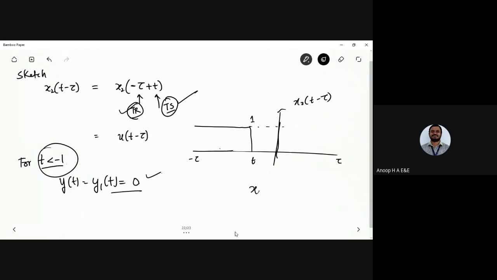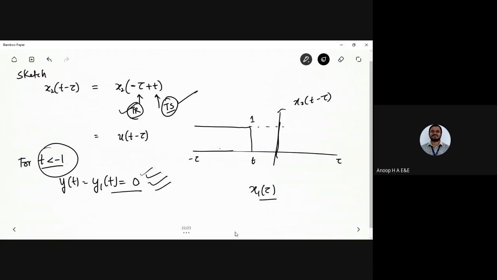So where I can generally say that x1 of tau. What I meant for overlap is I need to get the output. If I get the output, I need to have the signal written in some format. Depending on the output in that region, you will have the particular nature of the signal there.